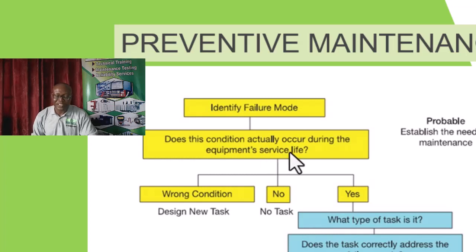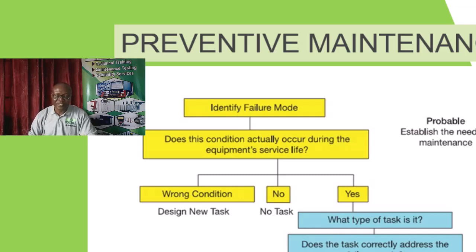So what this is telling us is that you are now reviewing the preventive maintenance strategy that you already have in place, be it condition monitoring or the normal time-based maintenance program, what we used to call preventive maintenance. All of them are preventive maintenance anyway, because in essence, we are trying to prevent failure.